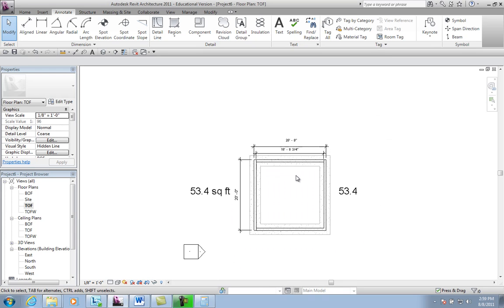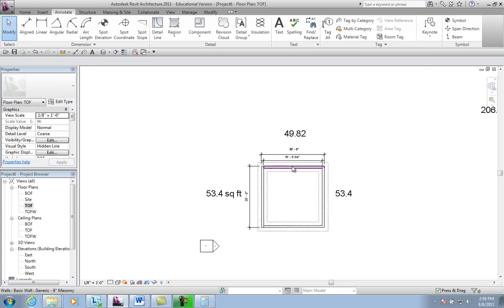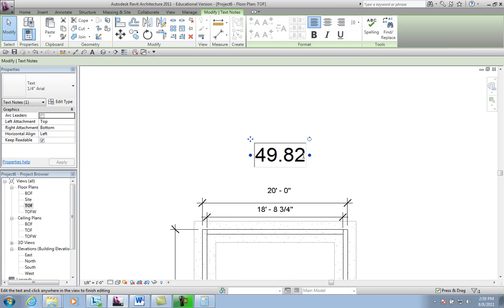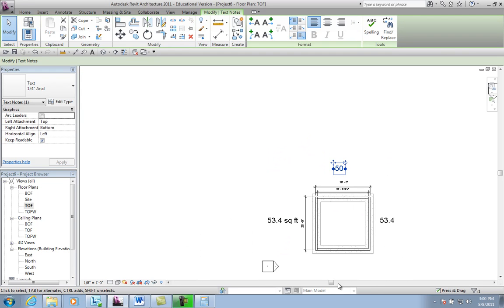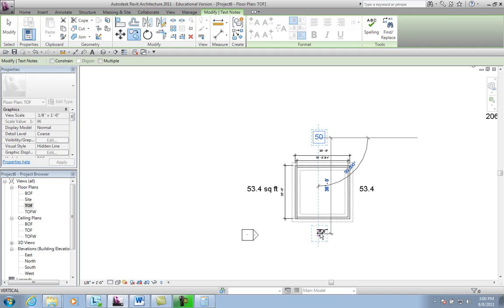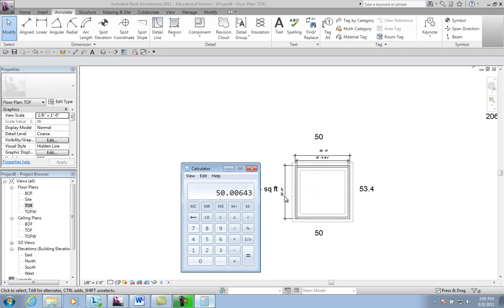It'll equal 50, we'll just say 50 square feet. I had this one already rigged up, and I actually got a little bit closer to the actual number there, but we're just going to say 50. And this one on the bottom would be 50 as well. I'm just going to copy that down to here. The thing you have to do at this point is add up all four sides because they're all square feet.